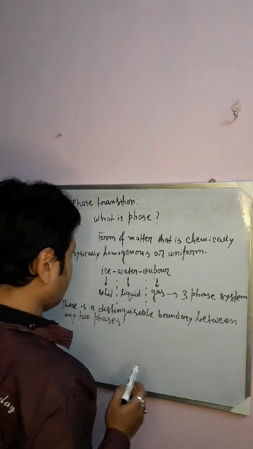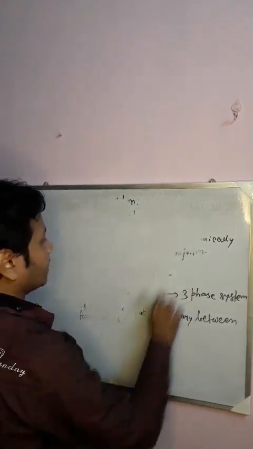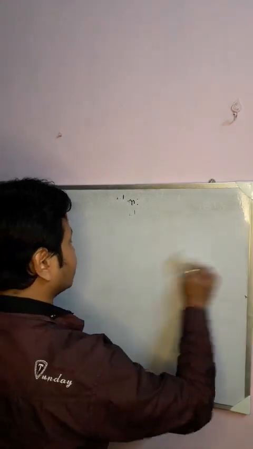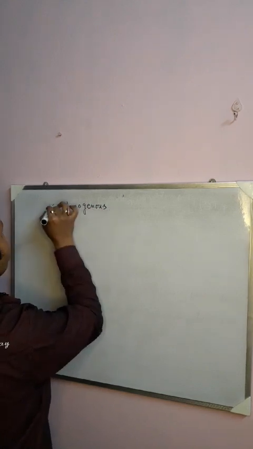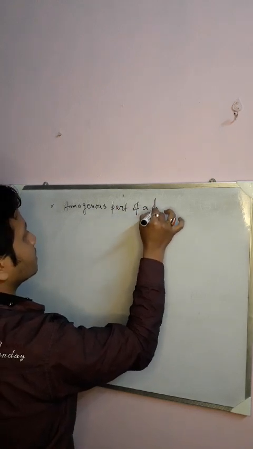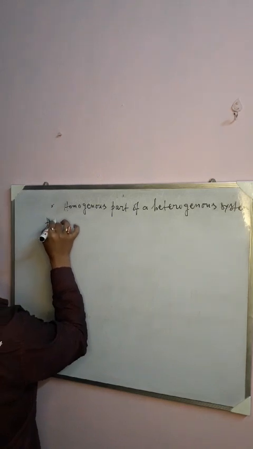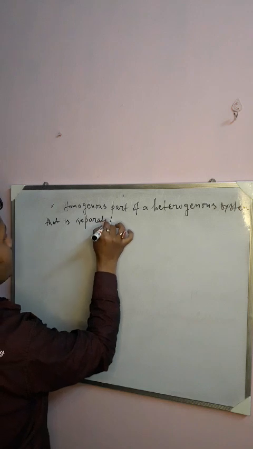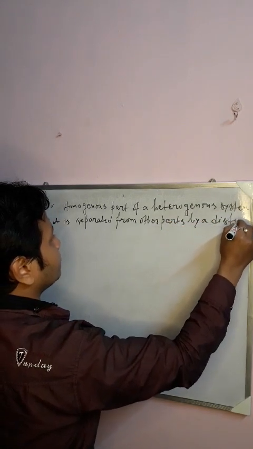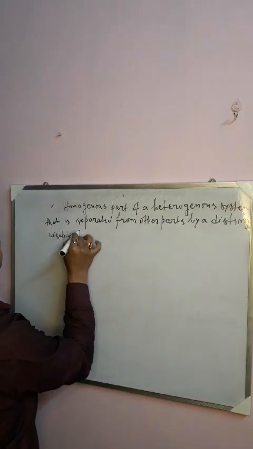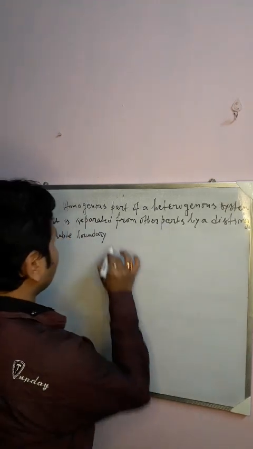You can also define it in terms of this: a homogeneous part of a heterogeneous system that is separated from all other parts by a distinguishable boundary is called a phase.